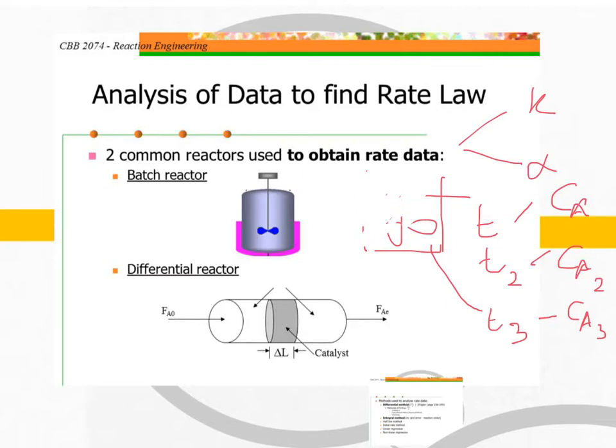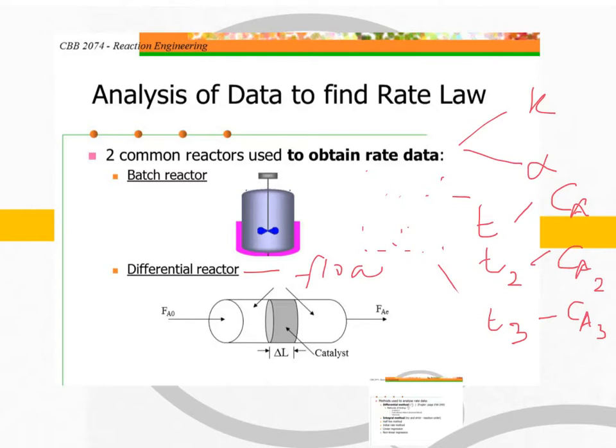The next one we're going to look into is the differential reactor. A differential reactor is different compared to a batch reactor because it is a type of flow reactor.